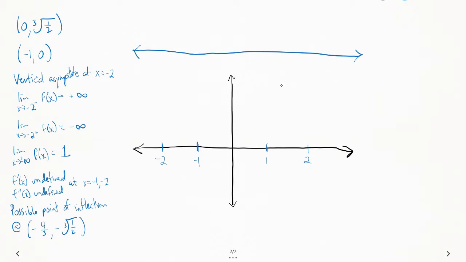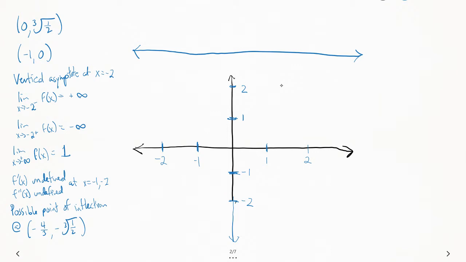Alright, and so that means also we'll have 1 here, 2 would go right about there, negative 1, negative 2, and let me continue this line on down just a little bit more.